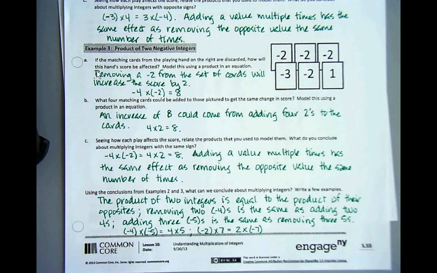So multiplying integers is repeated addition and can be modeled using the integer game. If you have a times b, that is going to be equal to the same as -a times -b. And if you have a times a -b, it is the same as -a times b. All right, we'll see you in class.